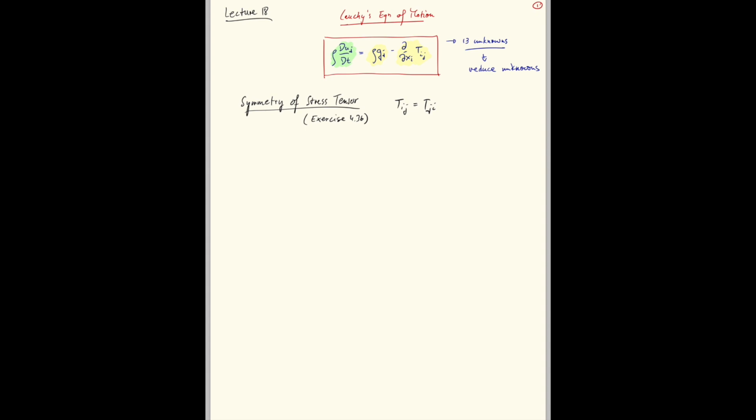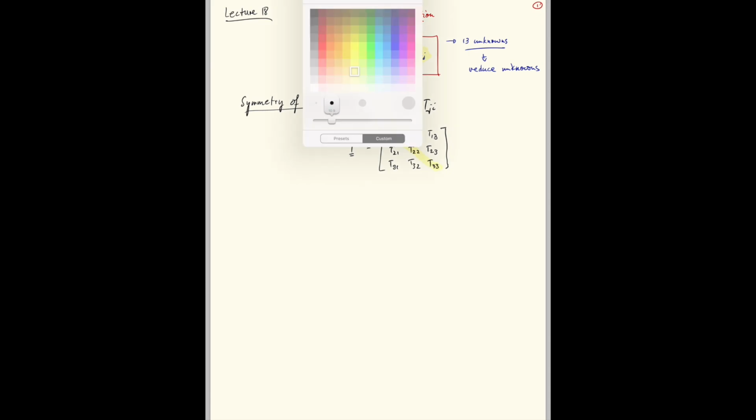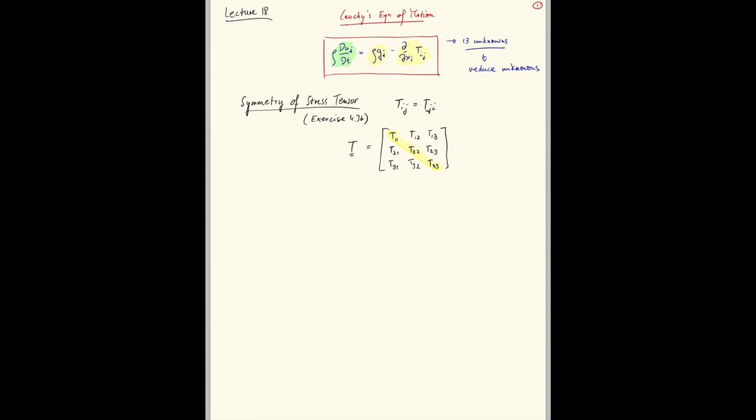So if we think back to what the stress tensor really is, let me just write it out. So the diagonal terms here, these ones are our normal stresses, and the off diagonals are our shear stresses.